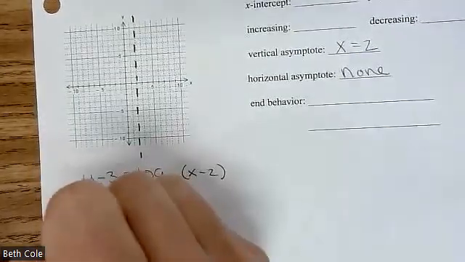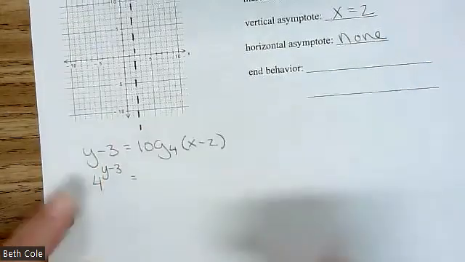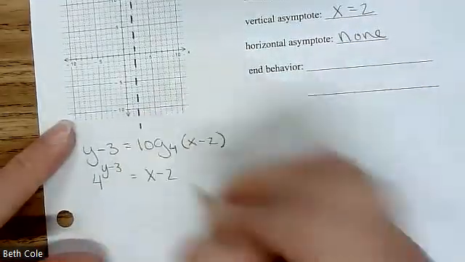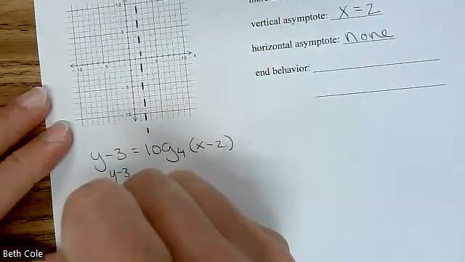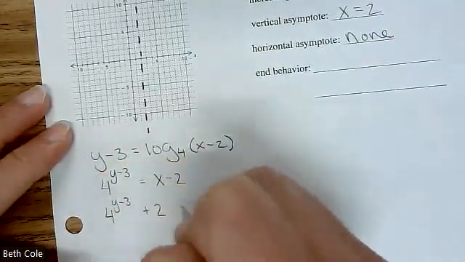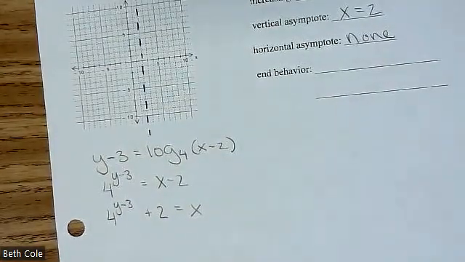It is 4 to the power y minus 3 equals what? X minus 2. Okay, so when you get stuck, the question is what's the base? And then what would be the last step there to get x alone? Yeah, add 2. Okay, so you have 4 to the power y minus 3 plus 2 equals x. We got x by itself instead of y. It's backwards. Go with it.